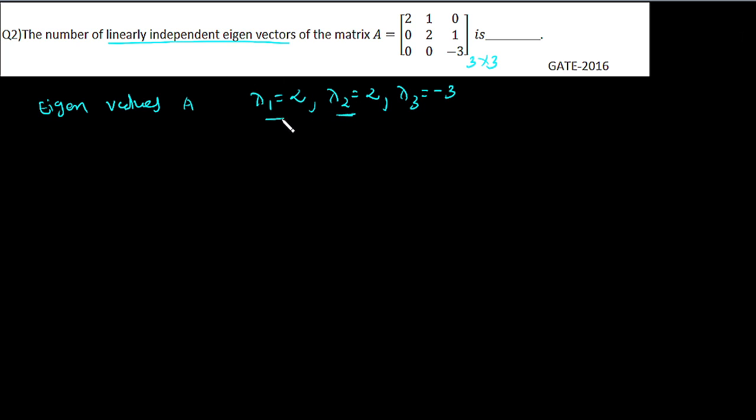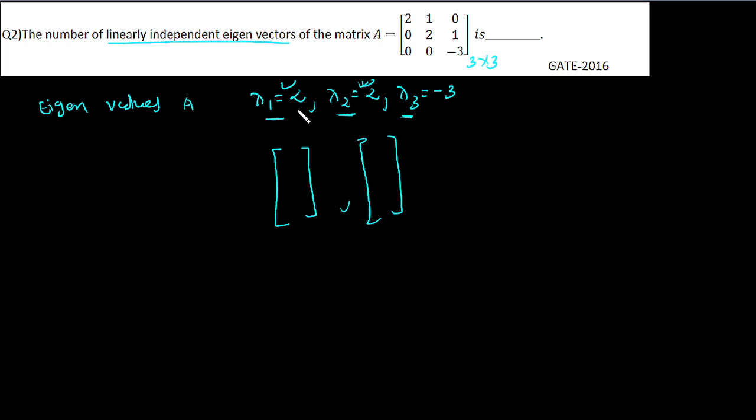We just get one eigenvector, and if we try to find another, it is linearly dependent. So we cannot find two linearly independent vectors for lambda 1 and lambda 2, but we can find one for lambda 3. So after all we get just two linearly independent eigenvectors, because the eigenvalues are repeated. If all three eigenvalues were distinct, we would find three linearly independent eigenvectors.